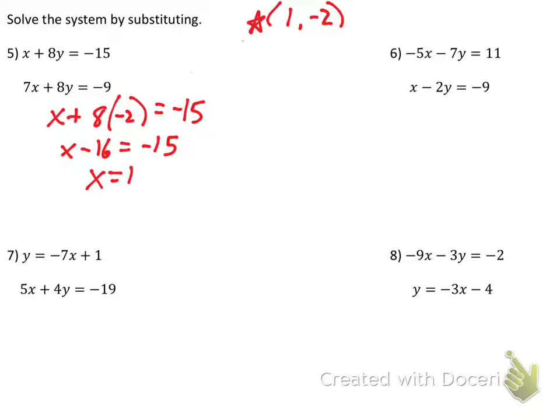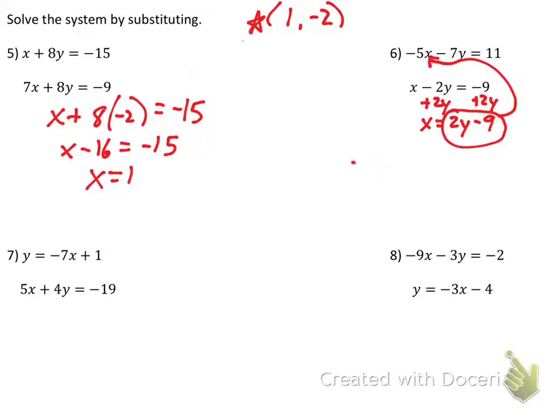All right, the second one, I'm going to add 2y. So then I'll get x is equal to 2y minus 9. Then I'm going to take this and plug it in for x.